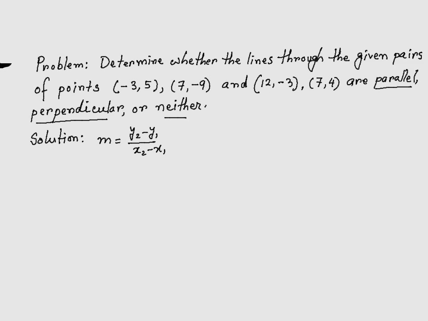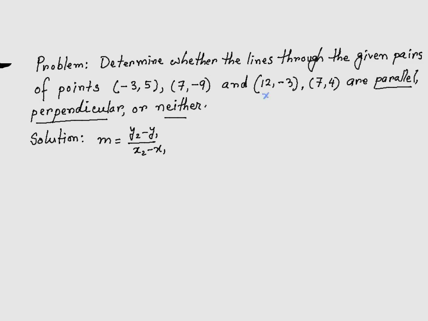Or if you multiply the slopes and you get -1, then the lines are perpendicular to each other as well. These are equivalent statements. And finally, if these two conditions are not satisfied, then the lines are neither parallel nor perpendicular.